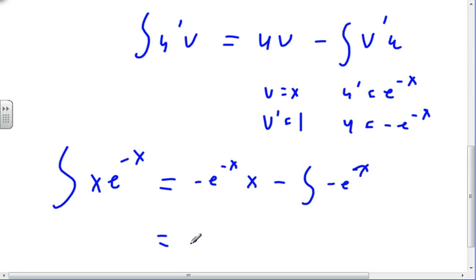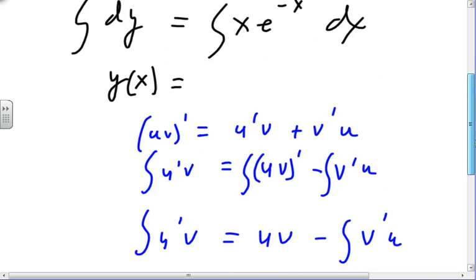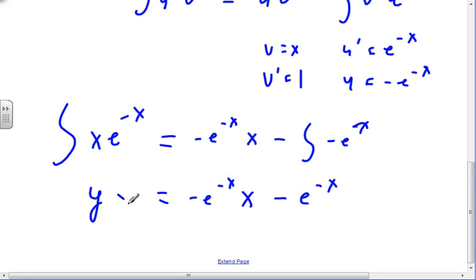So that'd be minus x e to the minus x, and I'm not in alphabetical order, so that's bad. The integral is going to be plus e to the minus x, minus e to the minus x. Okay, that being the case, y of x is equal to that, plus c.